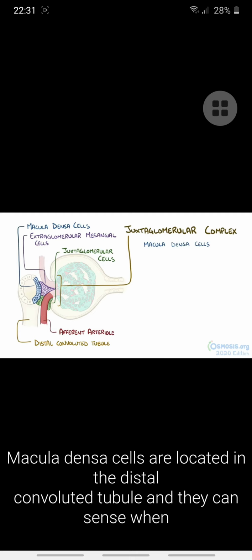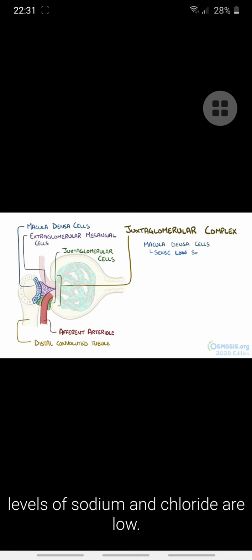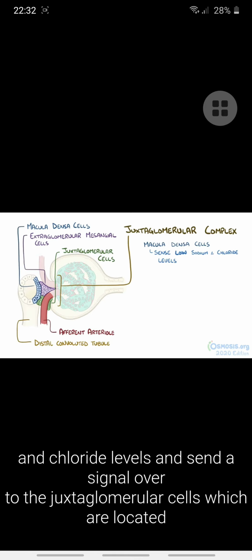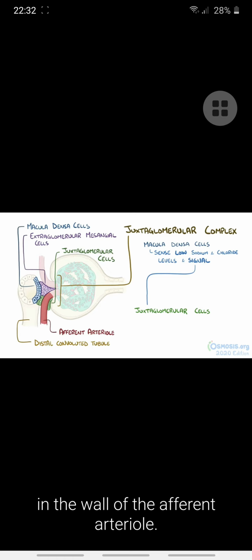Macula densa cells are located in the distal convoluted tubule, and they monitor sodium and chloride levels. So, in the case of hypovolemia and hypotension, the macula densa cells sense the low sodium and chloride levels and send the signal over to the glomerulus.